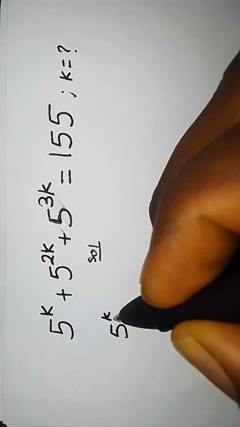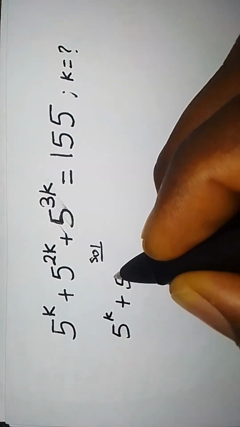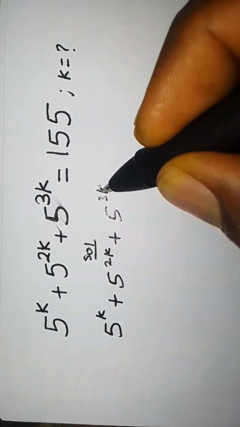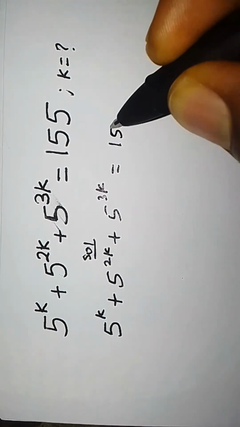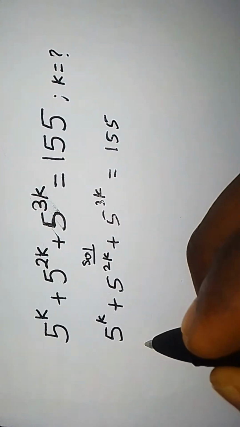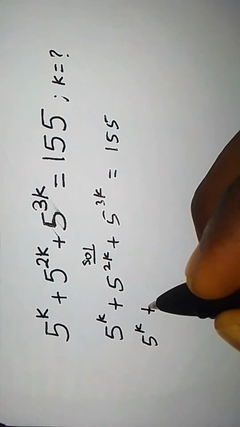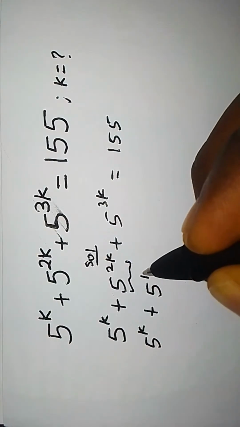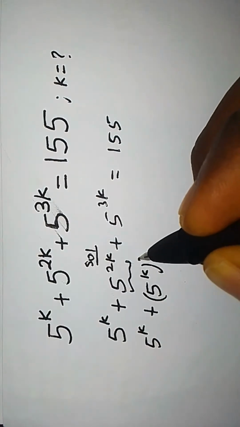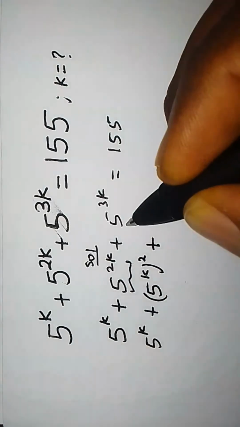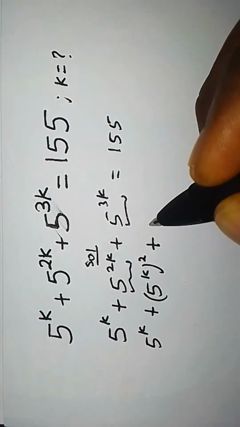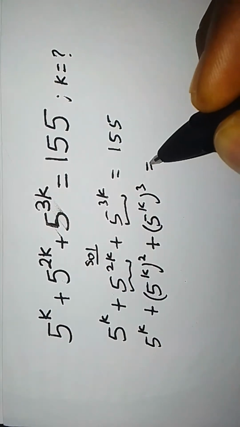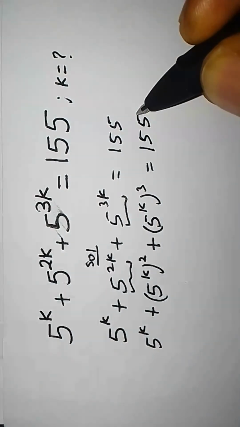5 to the power of k plus 5 to the power of 2k plus 5 to the power of 3k is equal to 155. 5 to the power of k plus 5 to the power of 2k could be written as 5 to the power of k times 2, plus 5 to the power of 3k could be written as 5 to the power of k times 3, equal to 155.